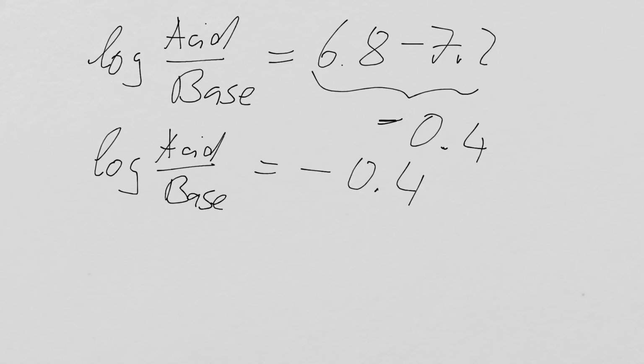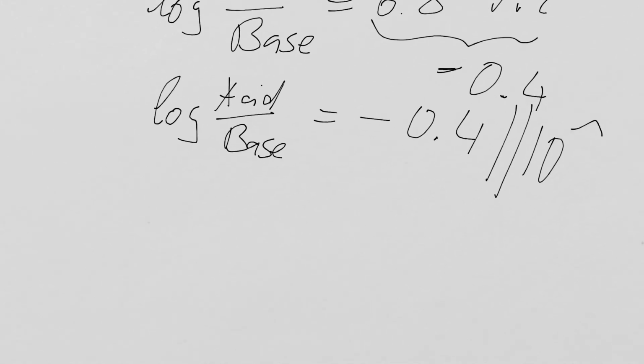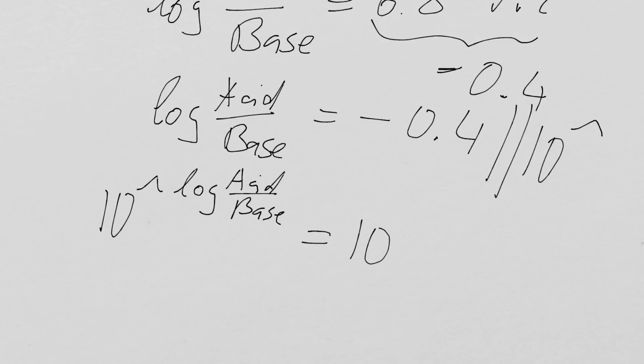To the power of 10, both sides of the equation. 10 to the power of log acid to base equals 10 to the power of negative 0.4. 10 to the power and log cancel each other out. So we have acid to base equals 10 to the power of negative 0.4.